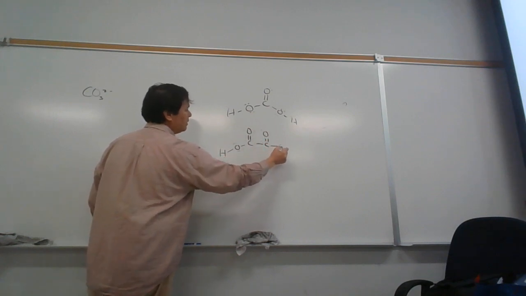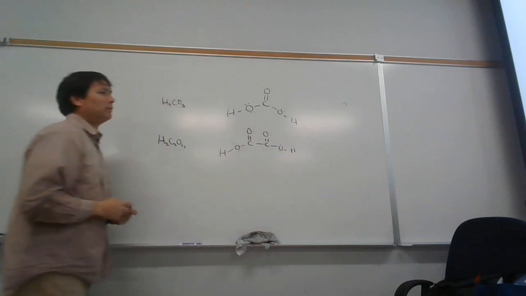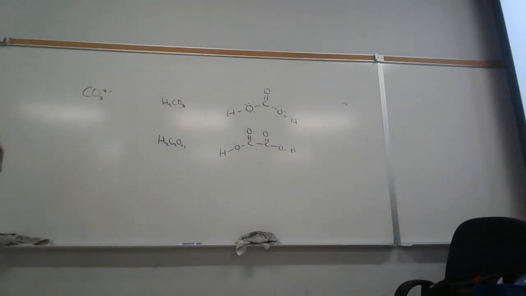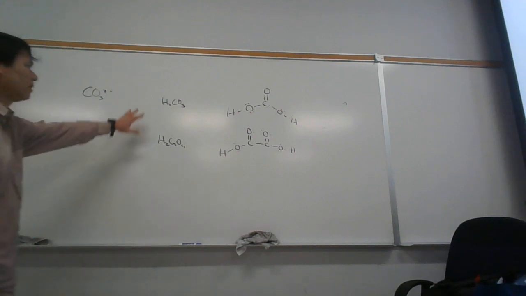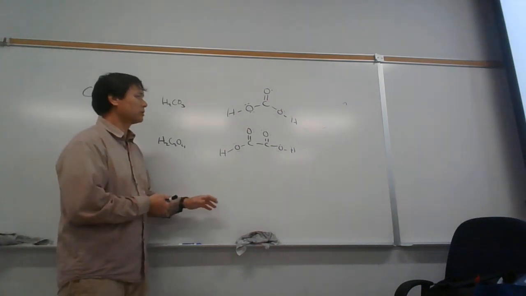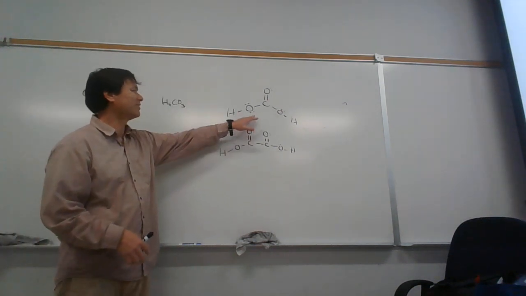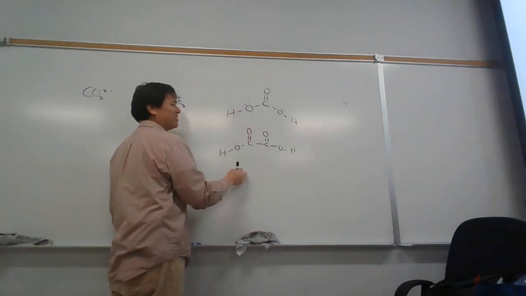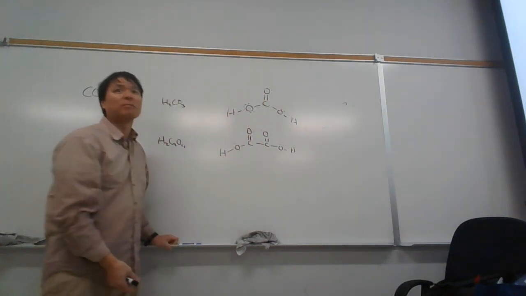I didn't post that video, but these are ways that help you remember things. Rather than just memorize this outright, oxalate versus carbonate, you think about the structure. And structurally, these are very similar. This is kind of a carboxylic acid that's mirrored. This is like two carboxylic acids stuck back to back.